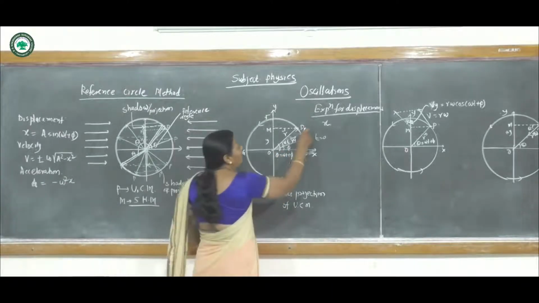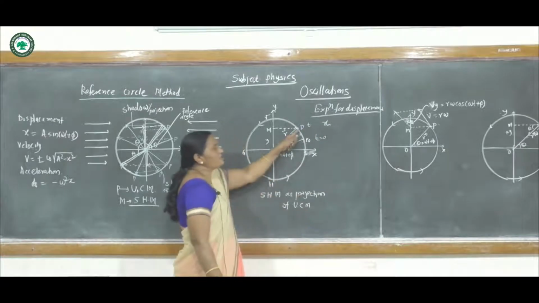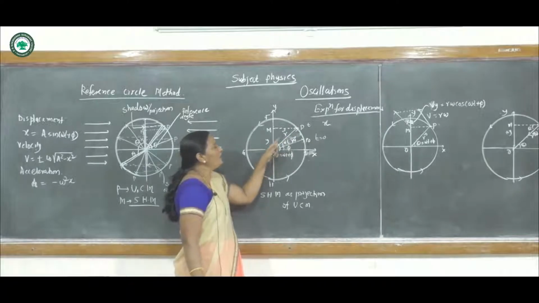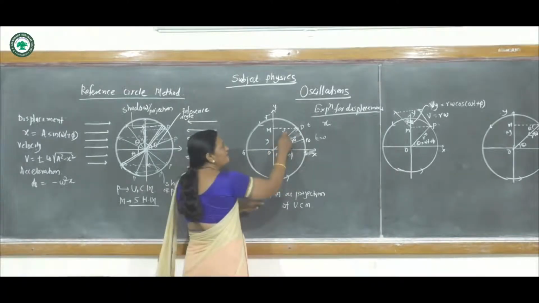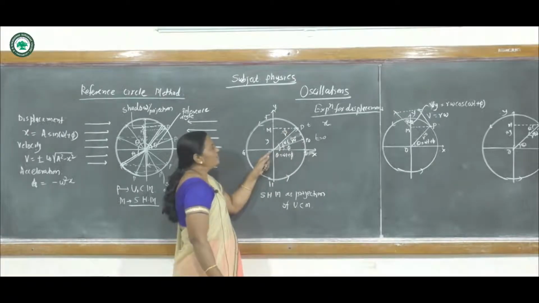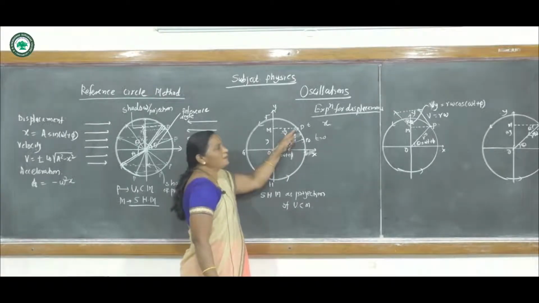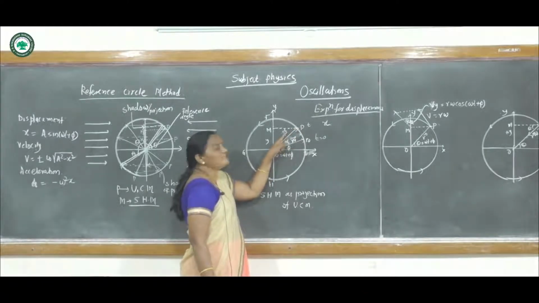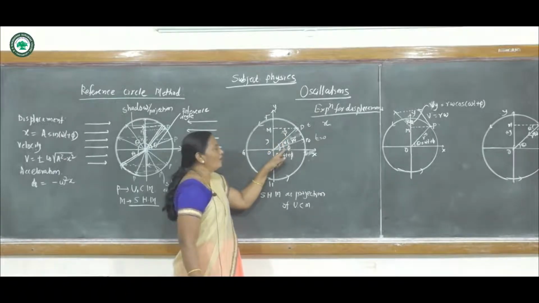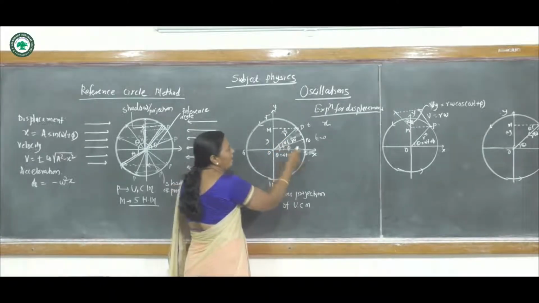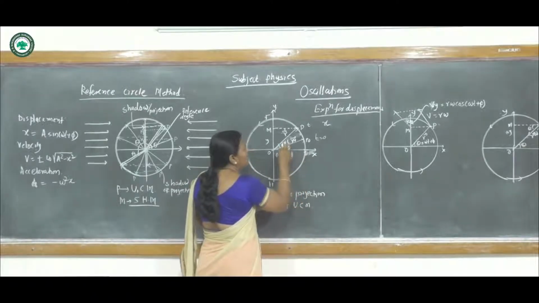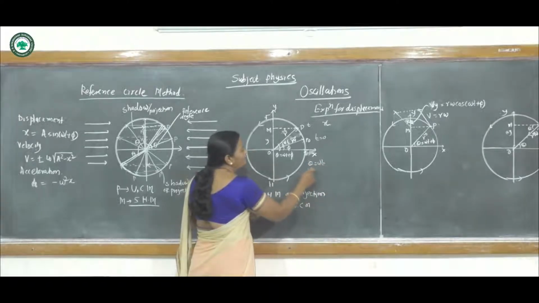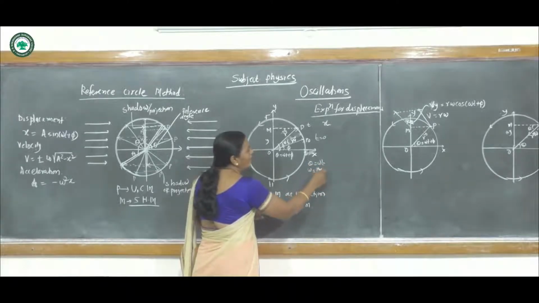Now after time t, it reaches point P and OP is equal to r here. r is the radius vector. The distance from the center of the circle to the position of point P is called the radius vector, represented by r. Now from this to this, the angle is theta, or we can say theta is equal to omega t. We know angular displacement is equal to arc divided by radius.